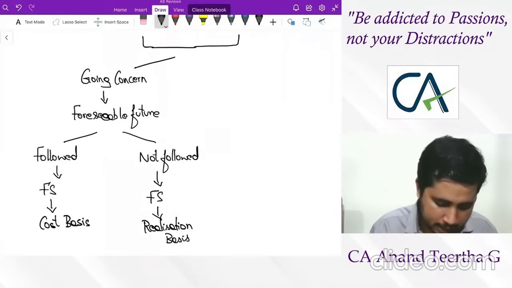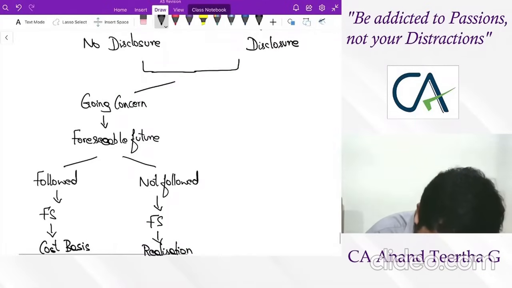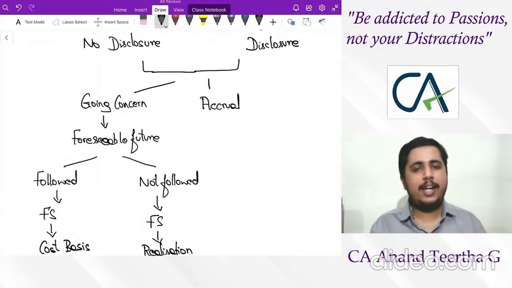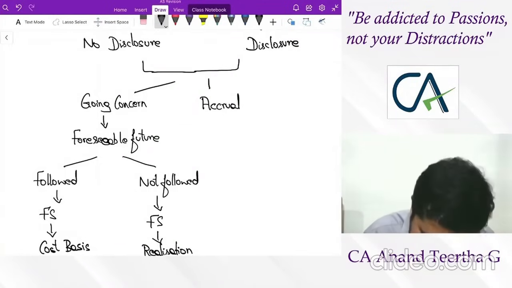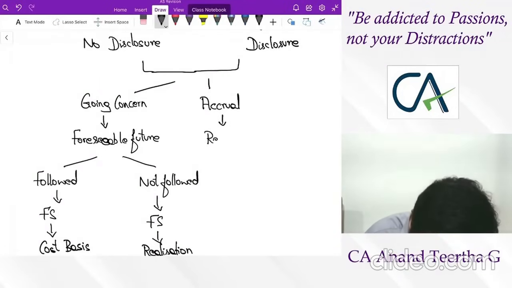That is the first fundamental accounting assumption. The second one talks about accrual. Under the accrual mechanism, records are maintained as and when an event occurs.